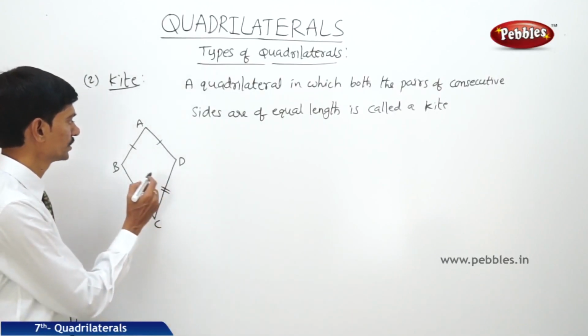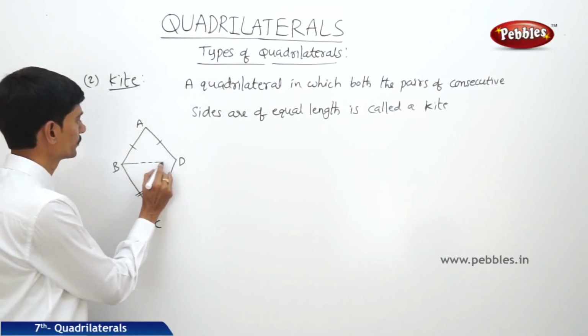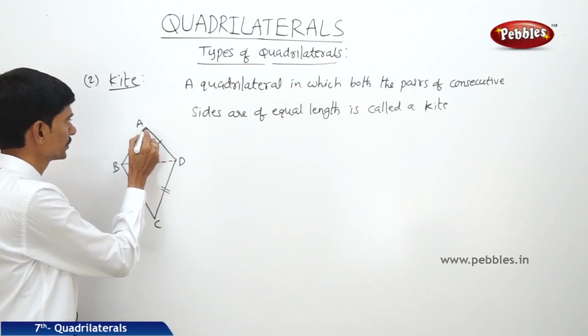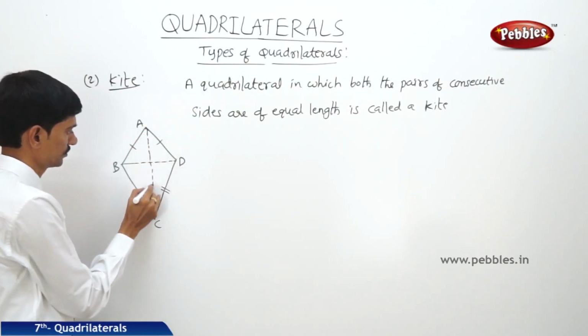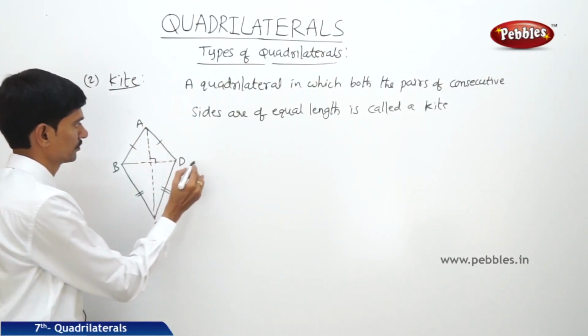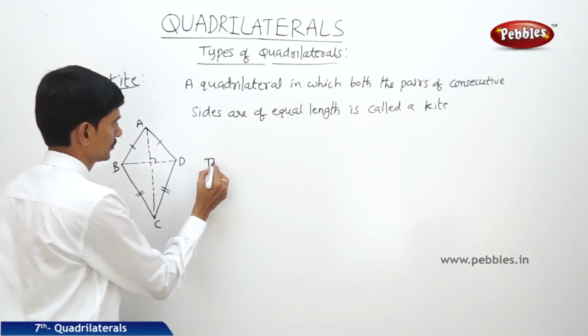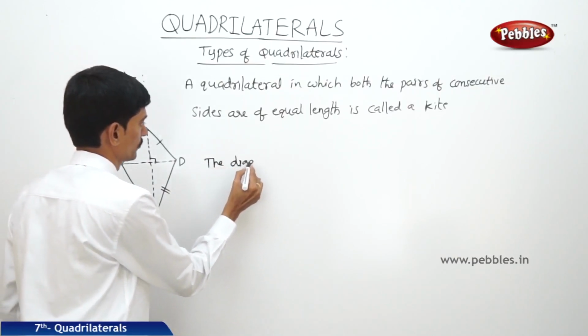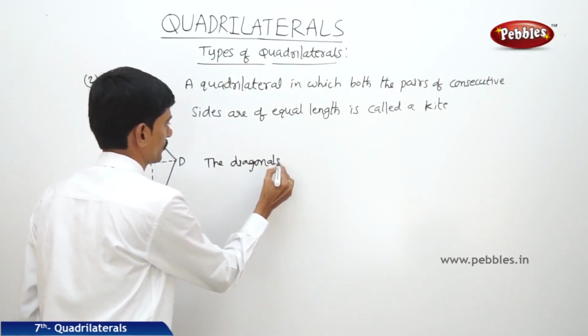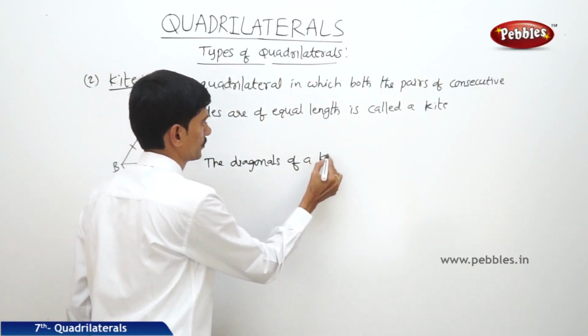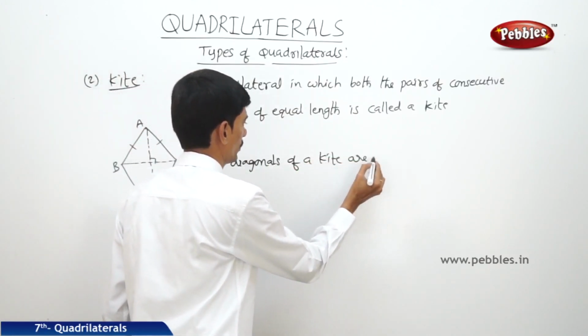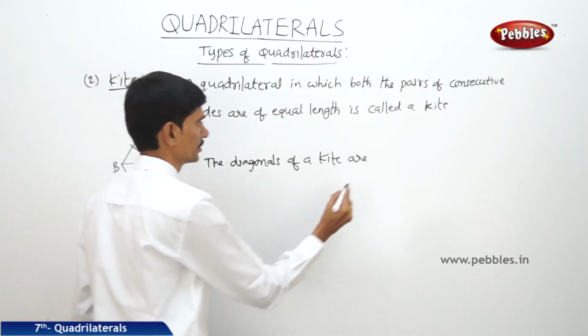Now in a kite, the two diagonals are perpendicular to each other but not the bisectors. The diagonals of a kite are perpendicular to each other.